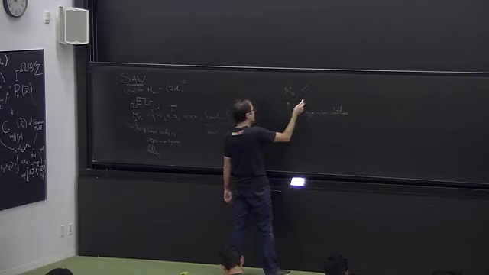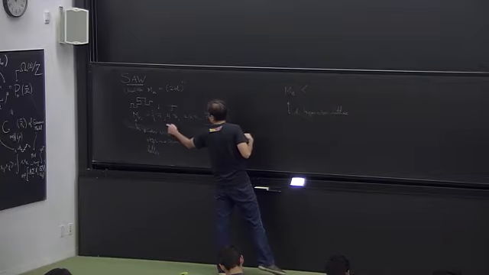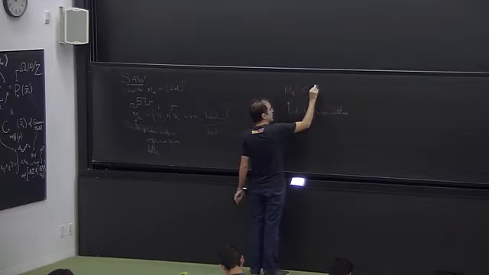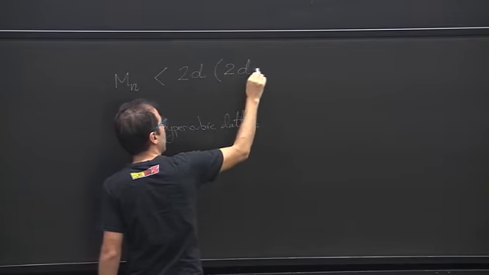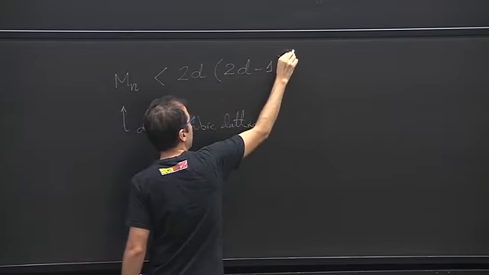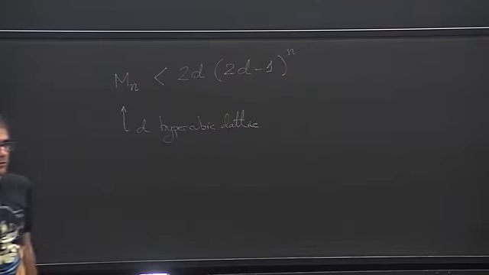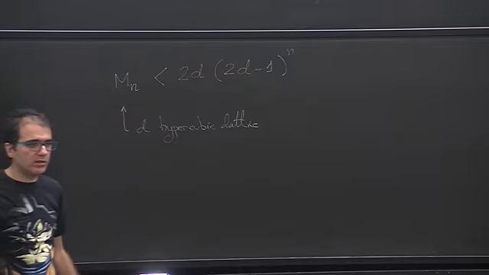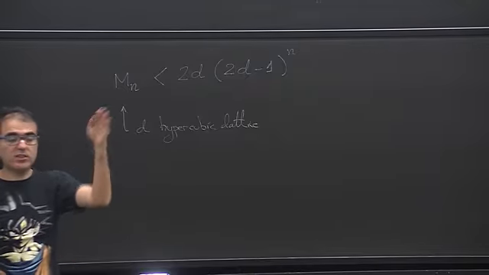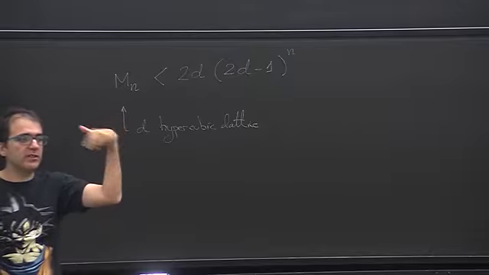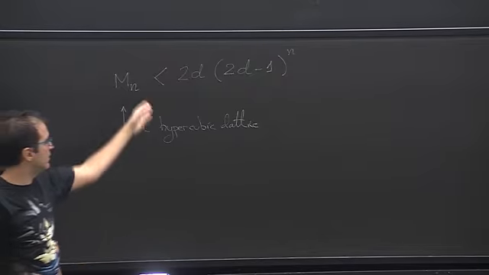This number of walks is definitely smaller than the type of walks we were doing in the beginning, where first I pick 2d, and then at each step I pick 2d minus 1, to the power n. So this is definitely a bigger set of walks. It contains the self-avoiding walks, because at each step I cannot go back, but it contains more walks.